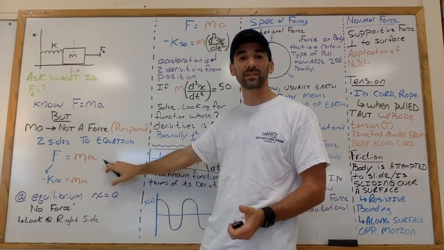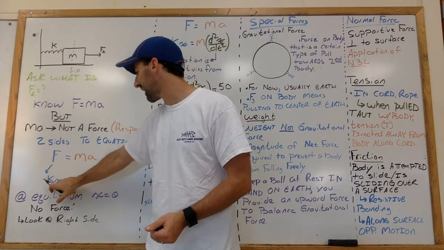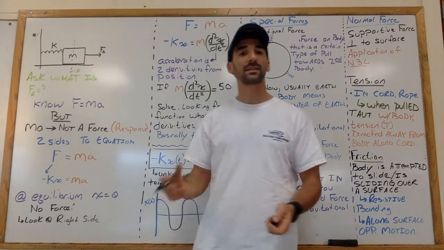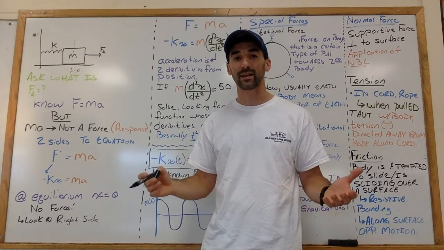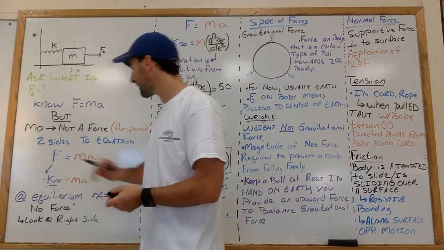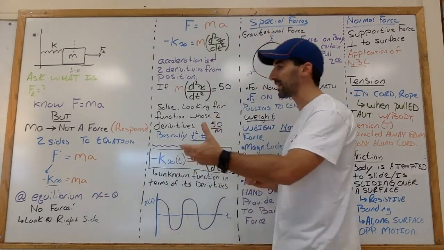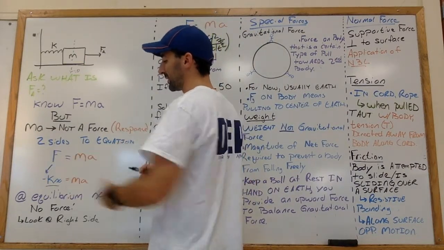Looking at what we previously always knew on the right side of the equation, if this side is 0, the mass can't be 0, thus the acceleration must be 0. So there's no force acting on that object. So it's very easily proved with that simple case that I can say that the response of this, if it's at x equals 0, is 0.